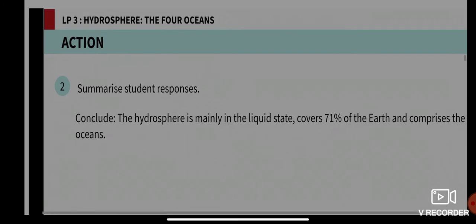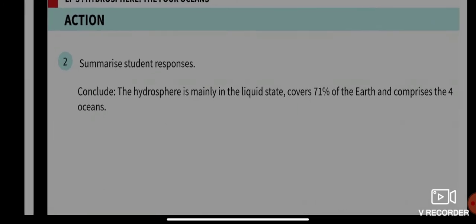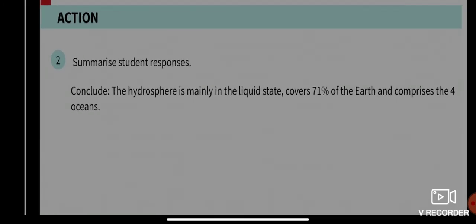As we have learned, the hydrosphere is mainly in the liquid state, and it covers around 71% of the earth and comprises the four oceans.